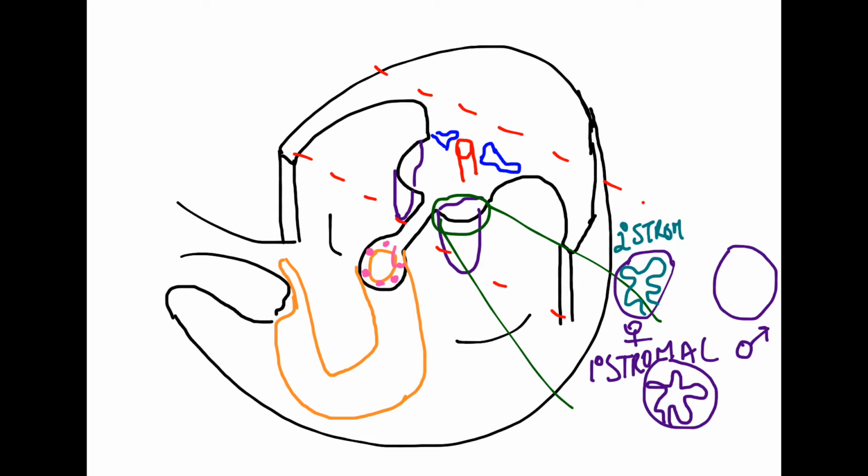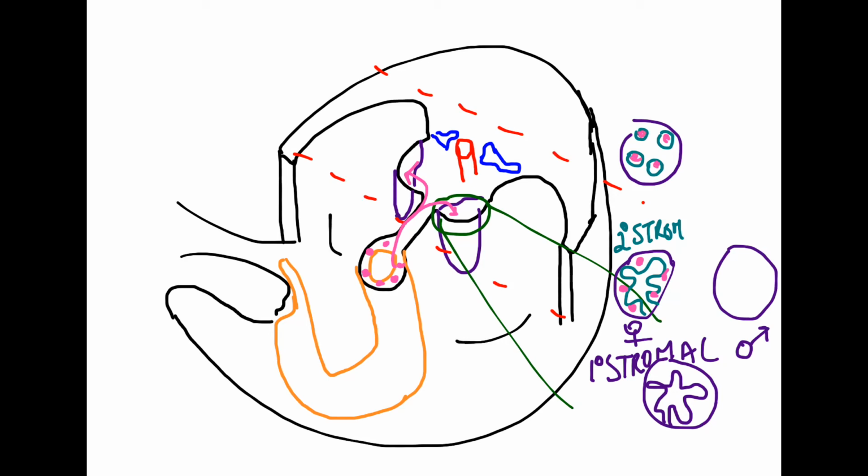So we have our primordial germ cells. The primordial germ cells will incorporate themselves into the secondary stromal cells to form primordial follicles. So we still have our stromal cells, and in those secondary stromal cells we have our primordial follicle.